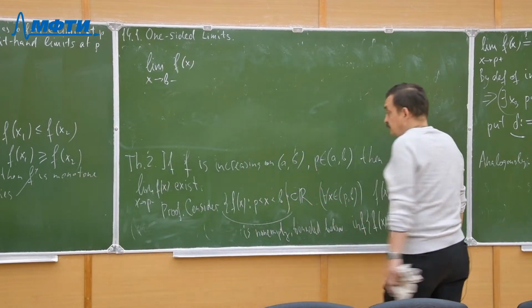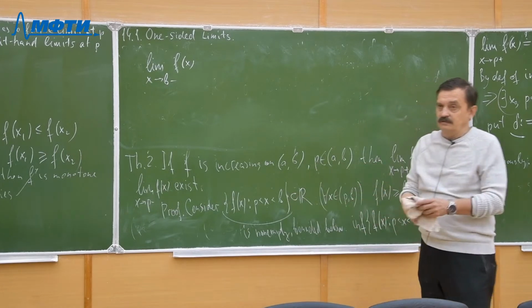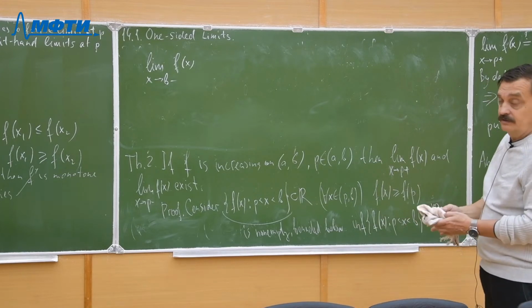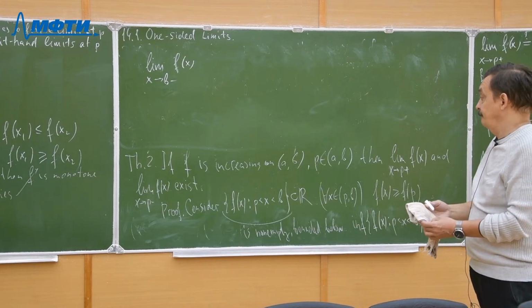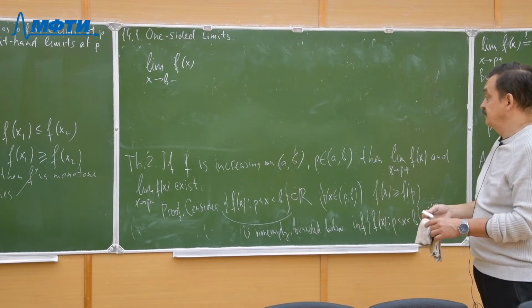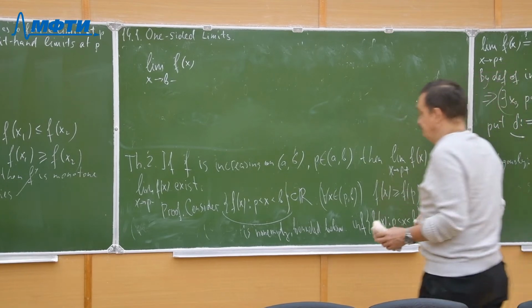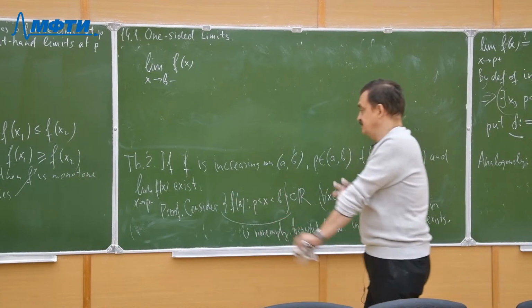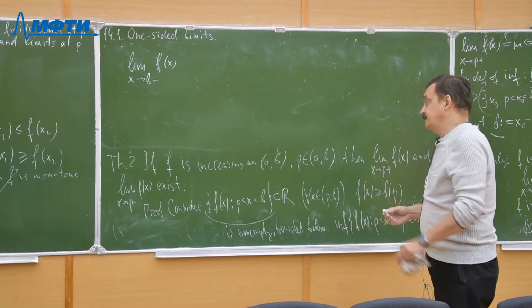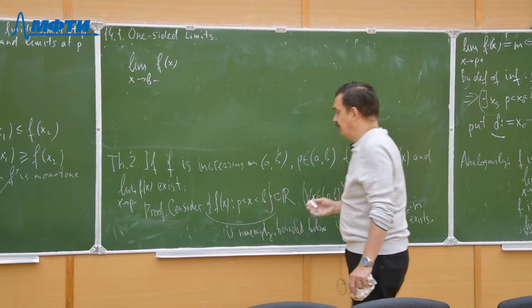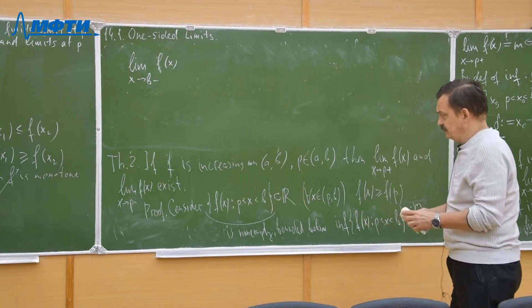So we don't make any extra supposition on the function, the same, nothing else. And look, what can we say about this limit?